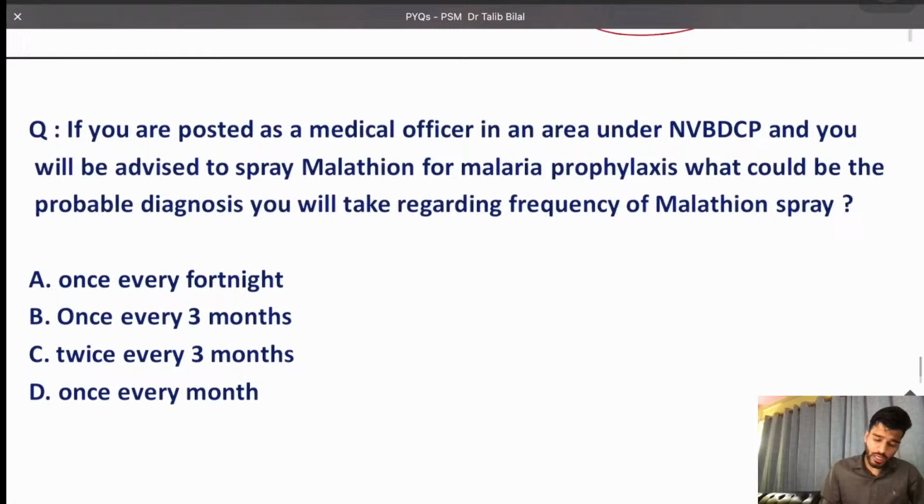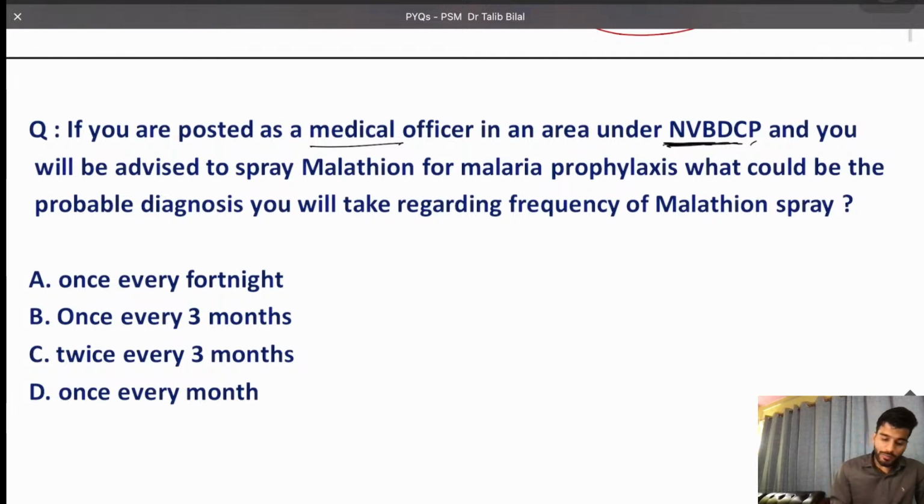Next question: if you're posted as a medical officer in an area under NVBDCP, the National Vector-Borne Disease Control Program, under this program we have multiple diseases like filariasis, leishmaniasis, malaria, chikungunya, dengue, Japanese encephalitis. So remember all these diseases that come under this program.